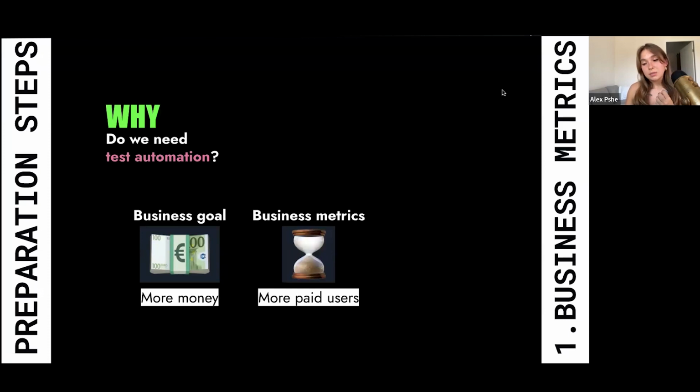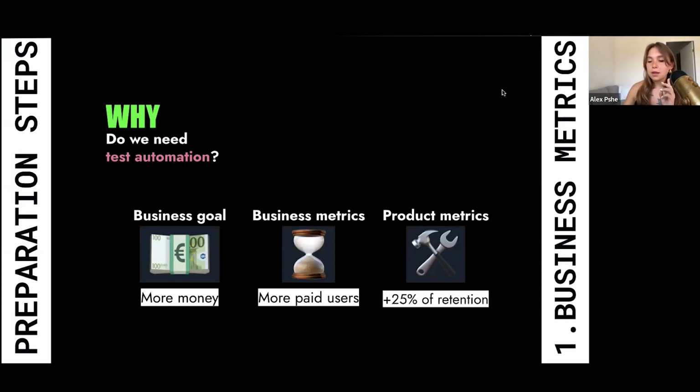For example, a business metric can be like more paid users for this quarter. And that's why it's really important to also be aware of product metrics, because product metrics are a bit more product oriented. For example, plus 25% of retention.